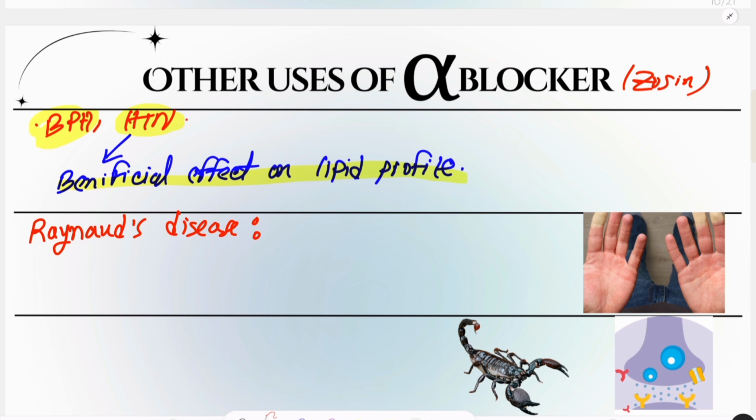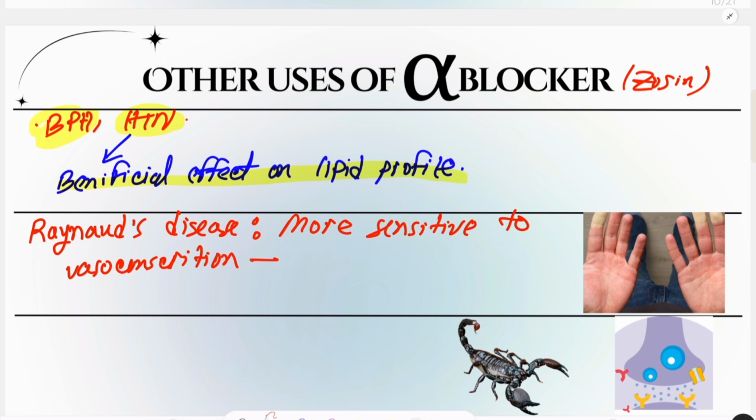And in winter, we need to reduce the heat loss, so this vasoconstriction is helpful in winter. But patients with Raynaud's disease are more sensitive to vasoconstriction. So in winter, they will have more severe vasoconstriction.